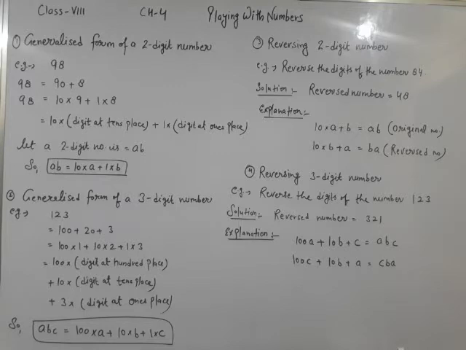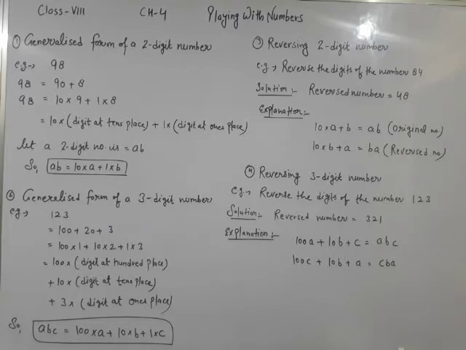be good for your understanding. So let's start today's topic with the generalized form of a 2-digit number. For example, 98. 98 can be written as 90 plus 8, because when we add 90 and 8, it will again equal 98.